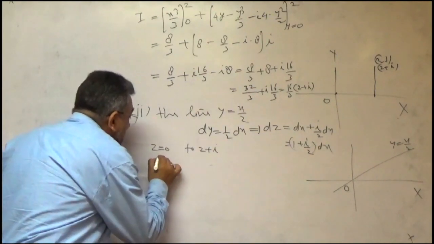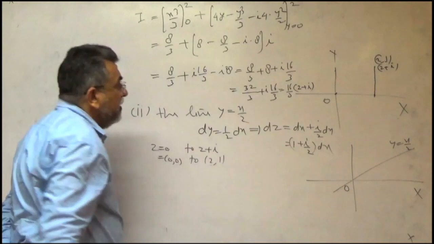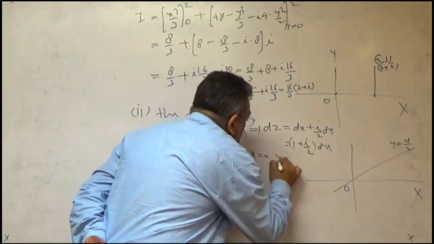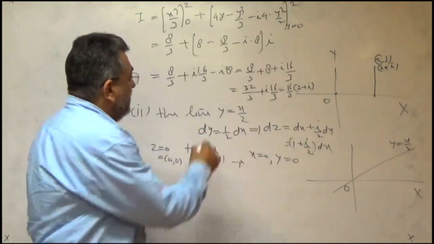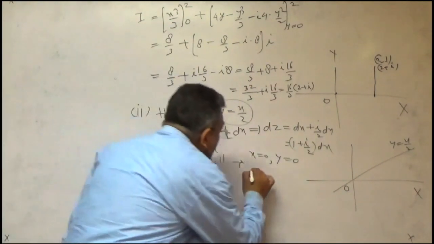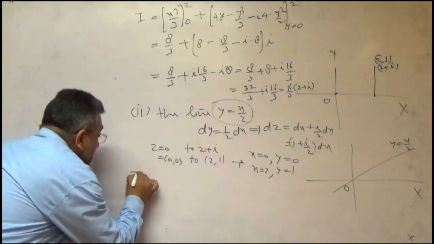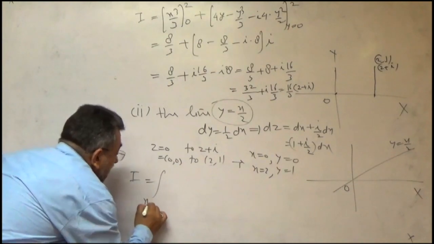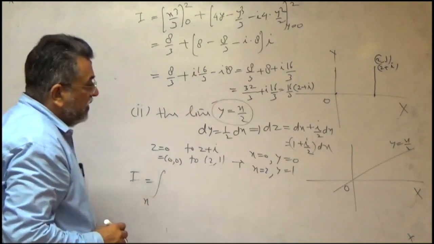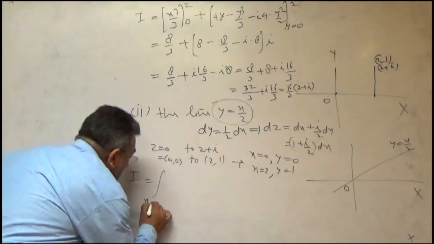From this relation, when x equal to 0, then y is 0, and when x equal to 2, then y equal to 1. Then this integral becomes x from 0 to 2.